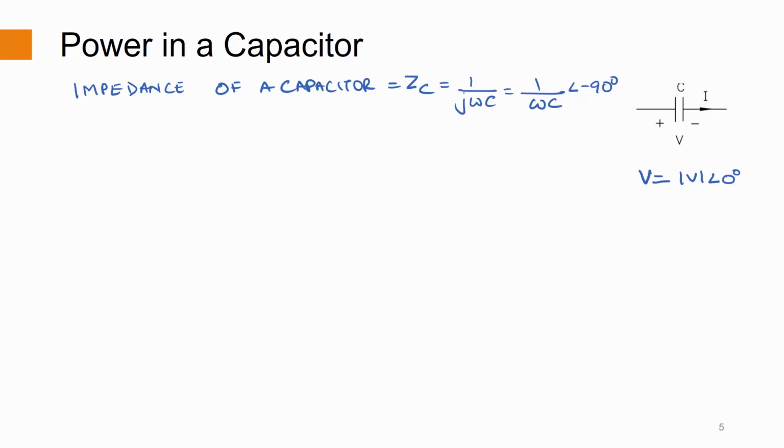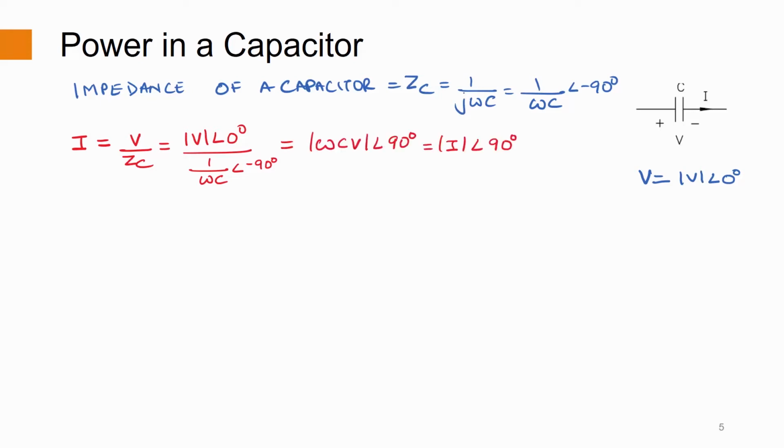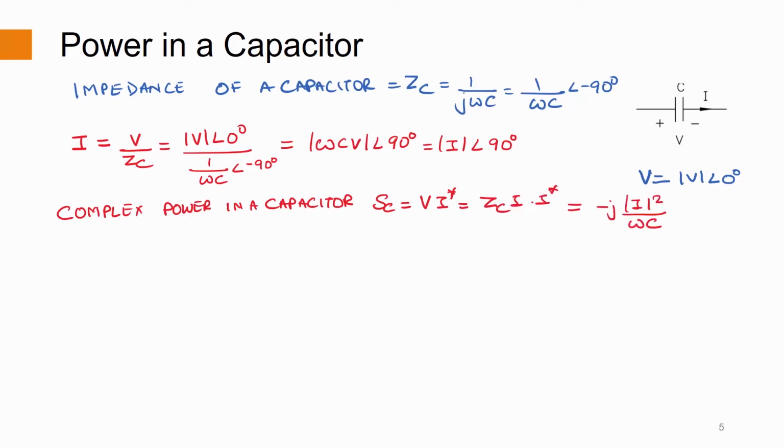We can find the current phasor as V divided by Zc, or V at an angle 0 degrees divided by 1 by omega C at an angle of minus 90 degrees, which is omega C V at an angle of 90 degrees. So, the complex power in a capacitor is Sc equal to V I conjugate, which is equal to minus j times I squared divided by omega C.